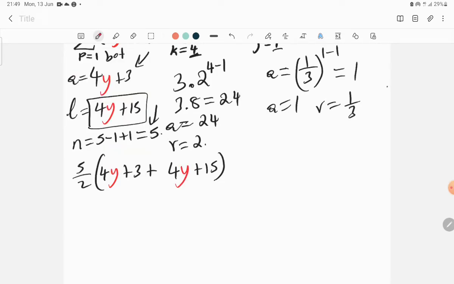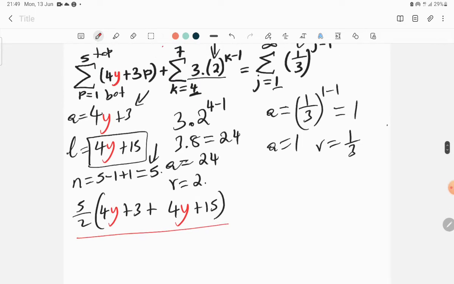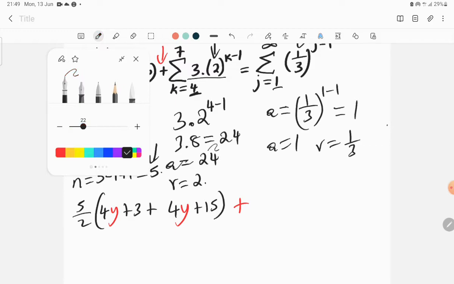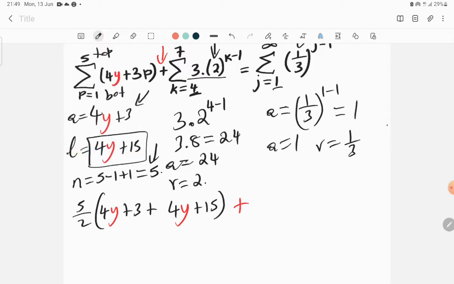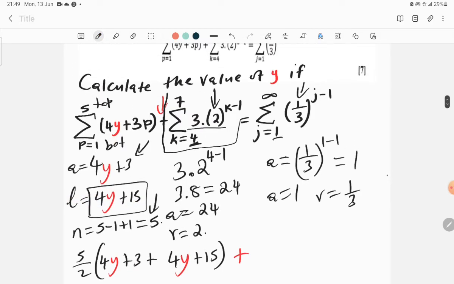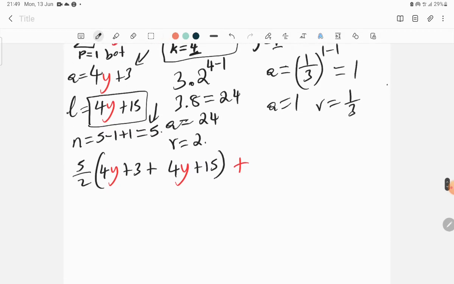Good. Now this is a linear pattern. Then therefore remember that there is a plus sign here. When you say plus here, we are going to add the sum of this geometric pattern over there, which is now, we know the formula is a, and our a is 24, then a in brackets, then our r is 2, remember.